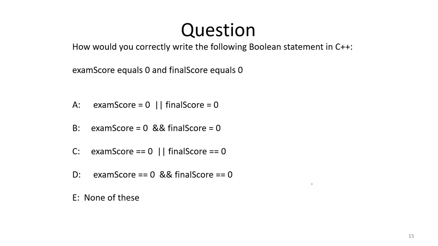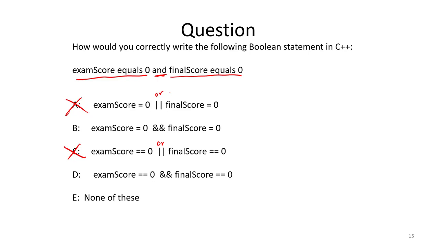Suppose I want to check whether exam score equals 0 and final score equals 0. So notice the and here. In this case, I want to use and. So I can immediately eliminate these because this is the OR operator. We don't want OR.